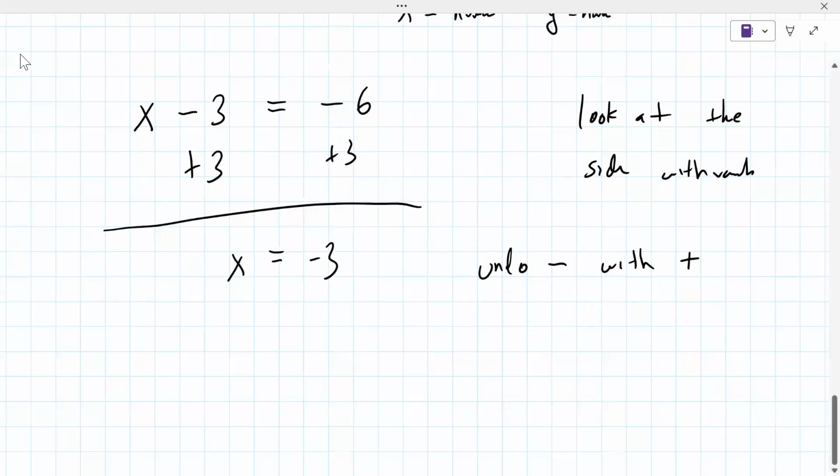Now, it could also be the case that the number on the side with the variable is shown with a negative operator. This is -4 plus y equals 6. So this is subtraction because it's a -4.